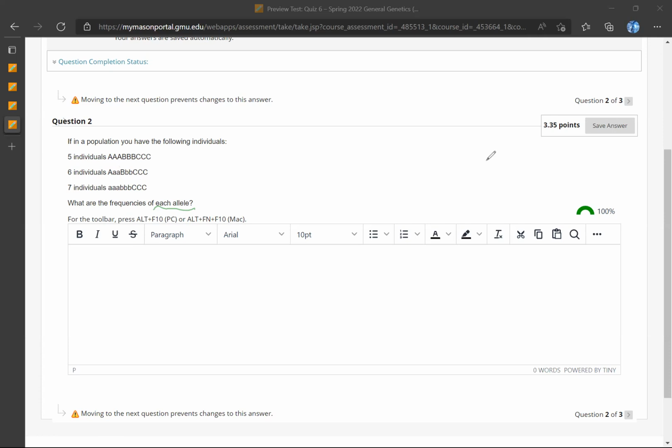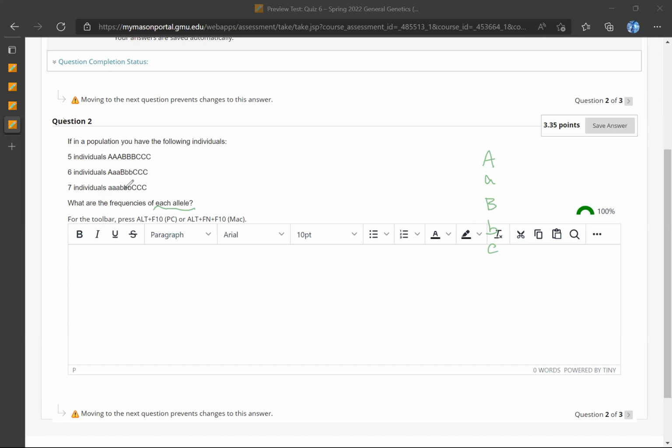Yes, there is the A, for example. There's also the a. There is B and b, as well as C. These are all of the different kinds of alleles that exist in this population. And so we need to find the frequency at which each of the different kinds of alleles exist within this population.